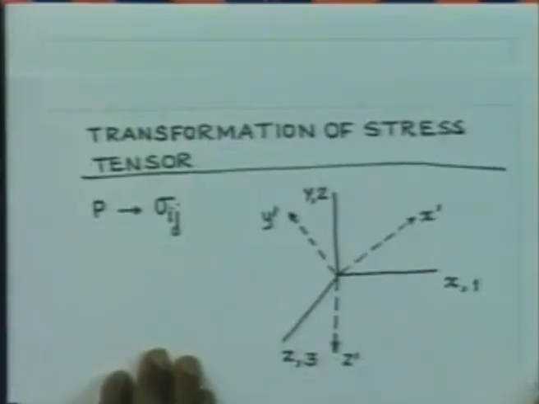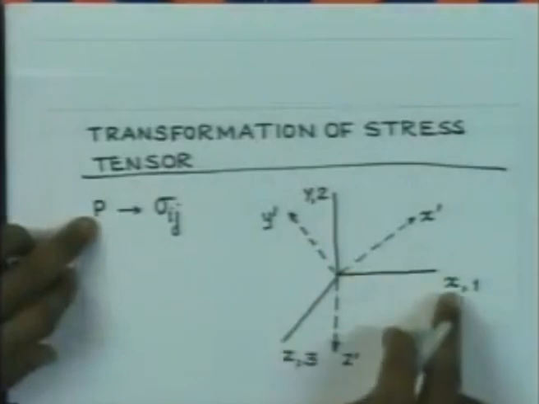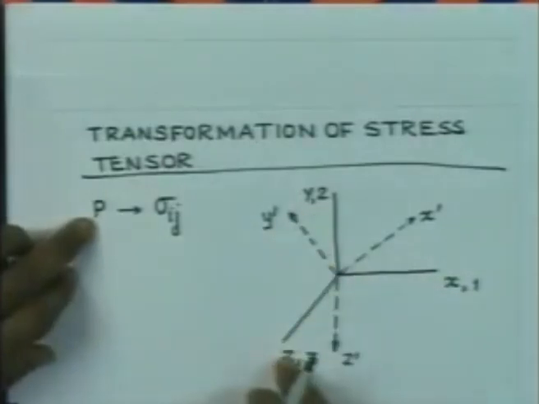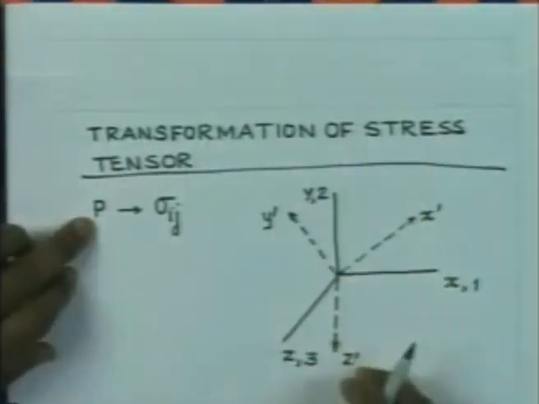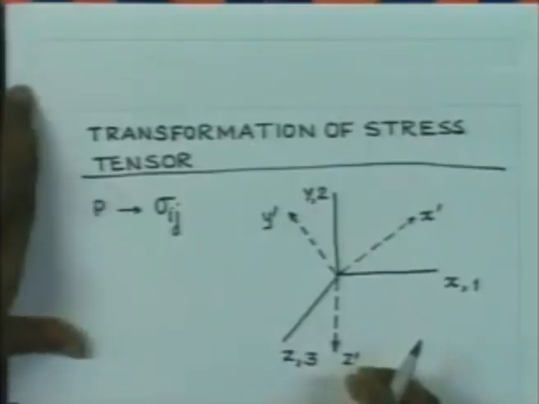So, if the stresses are given in this system x, y, z, we would like to get the stresses in a system x dash, y dash, z dash, which are arbitrarily oriented with respect to the original system.